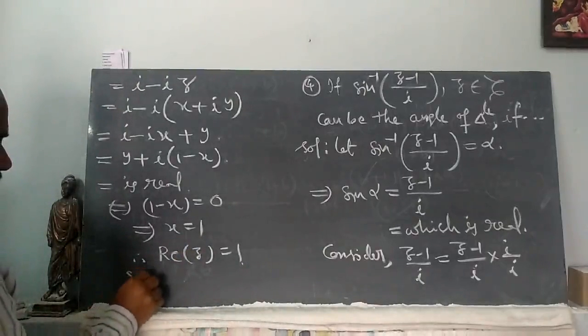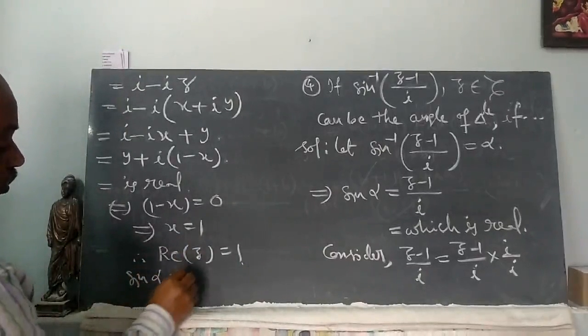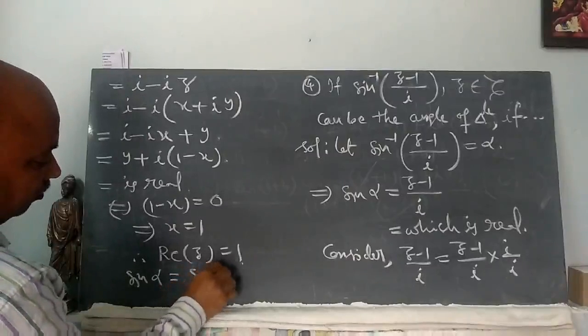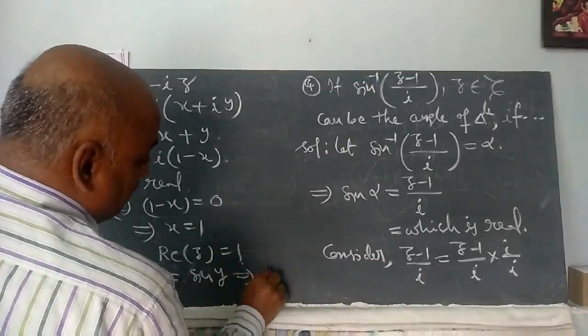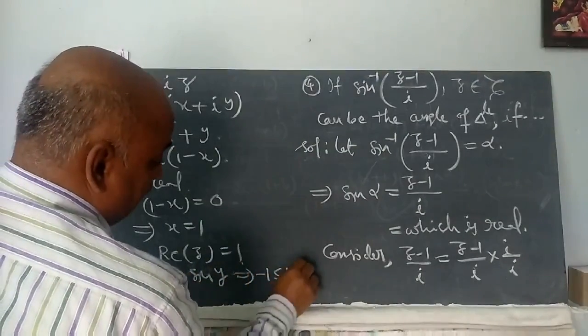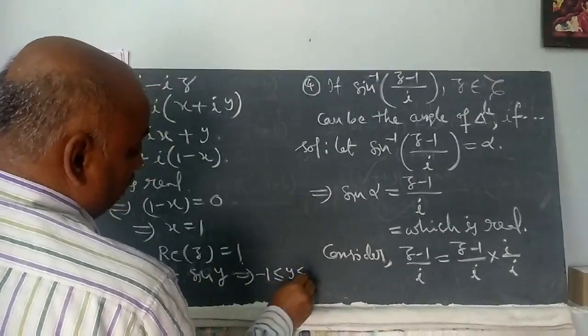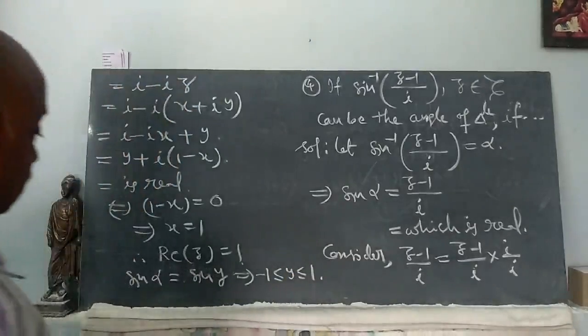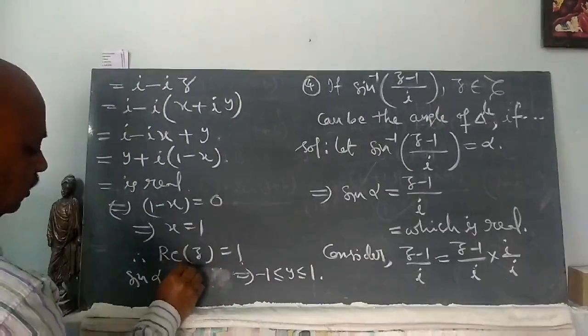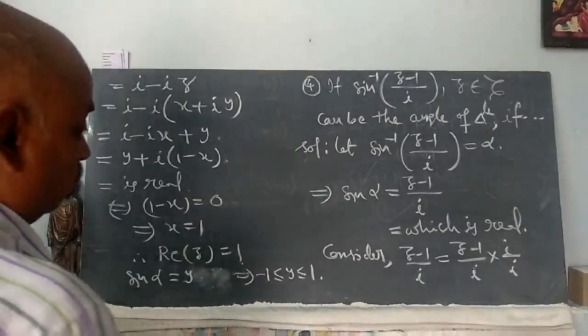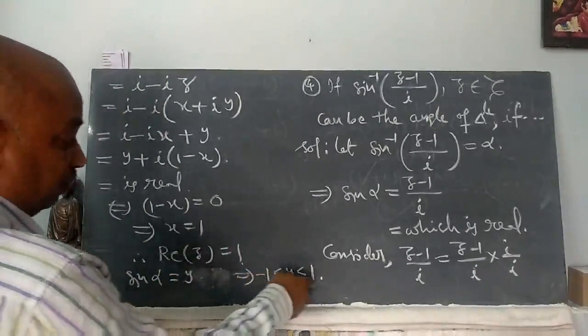So, sin alpha is equal to sin y. This implies minus 1 less than or equal to y less than or equal to 1. So y lies between minus 1 and plus 1.